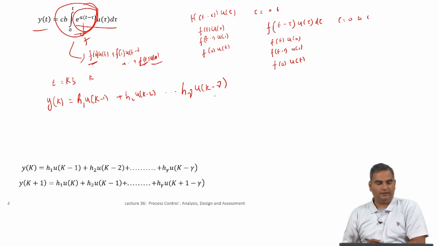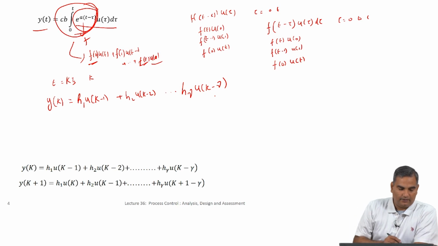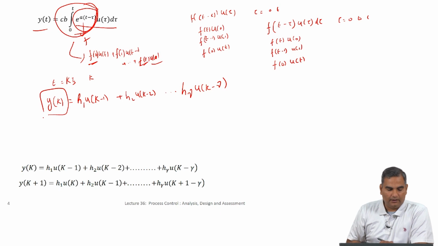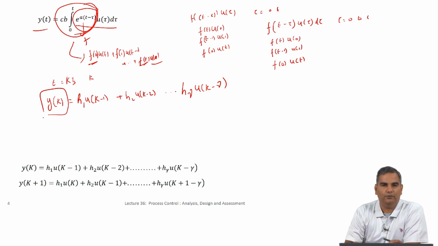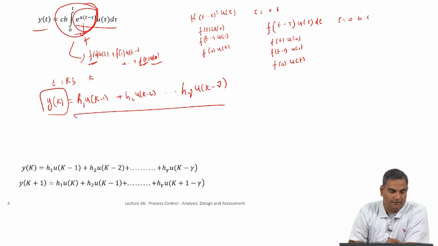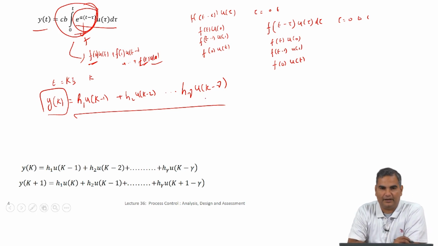So, what this basically says is the current output that I have is a function of all the input moves that have been made in the past, okay, that is number 1 here. All of these are input moves that were made in the past with respect to k, because this is k minus 1, k minus 2, k minus gamma and so on, right.